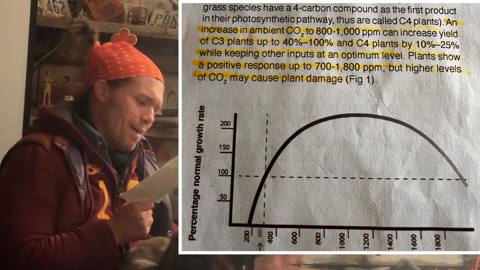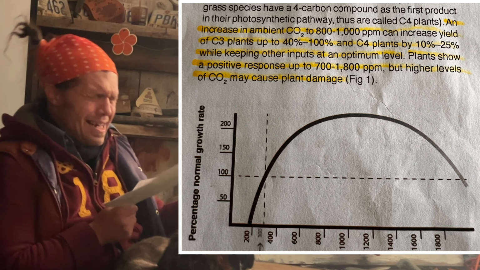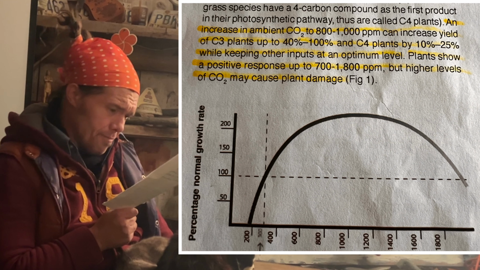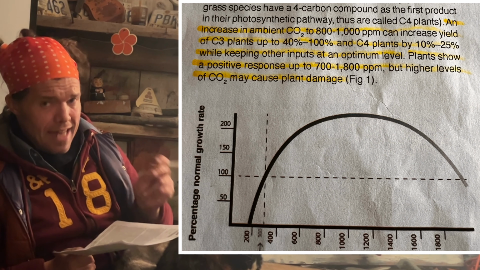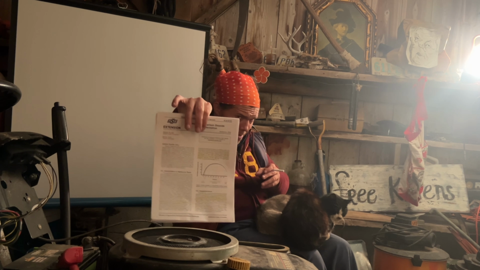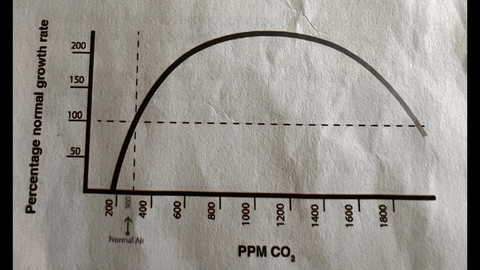Plants show a positive response up to 700 to 1,800 parts per million, but higher levels of CO2 may cause plant damage. And here's a graph, I'll put this up here, will show you very simply. No Orwellian doublespeak here at all. What the arc is for the potentiality of plant growth with higher ambient CO2 levels in the atmosphere.